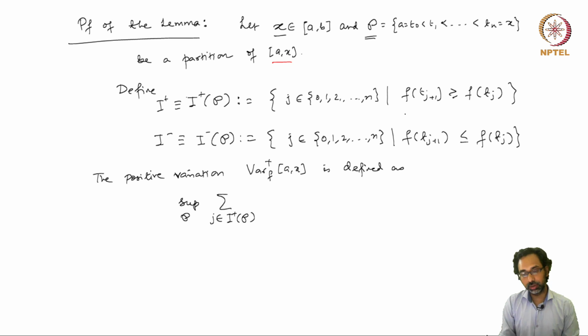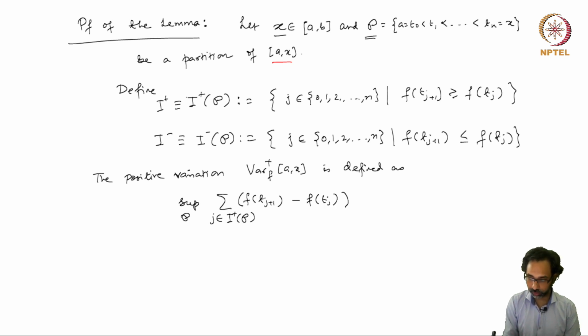These are the indices where you get positive values for the difference, so here you can write f(tj+1) minus f(tj), and this supremum is taken over all these partitions of the interval [a,x].